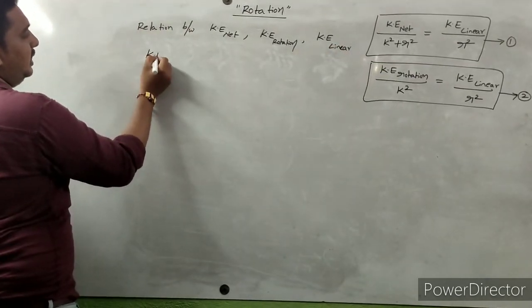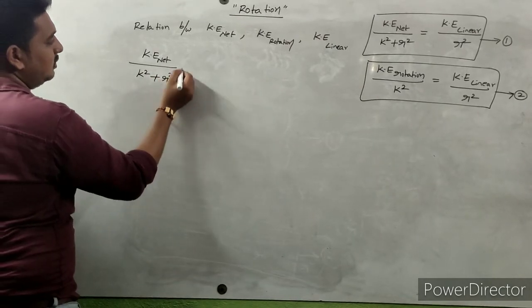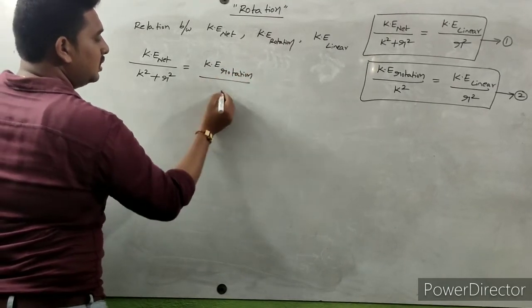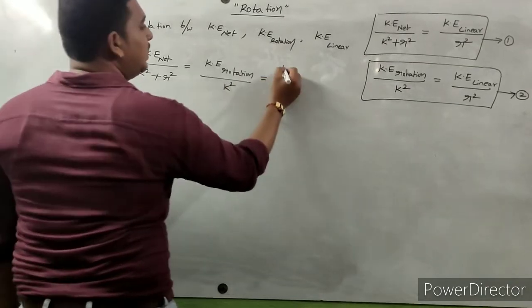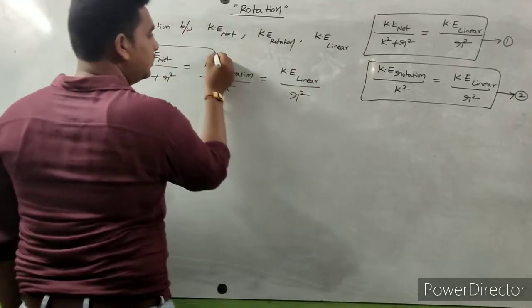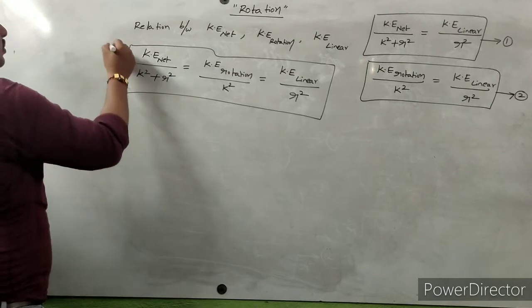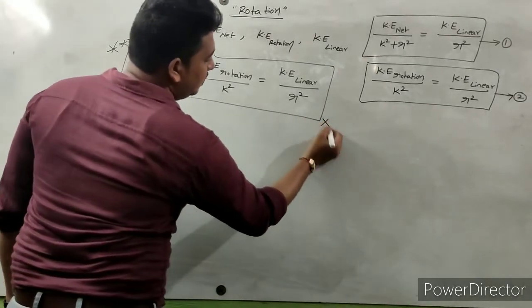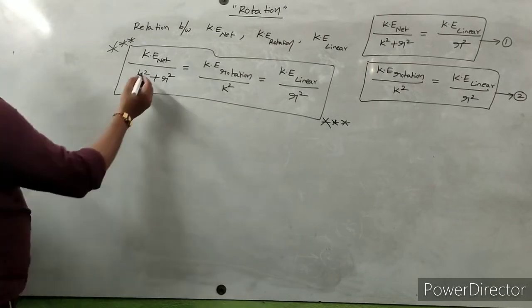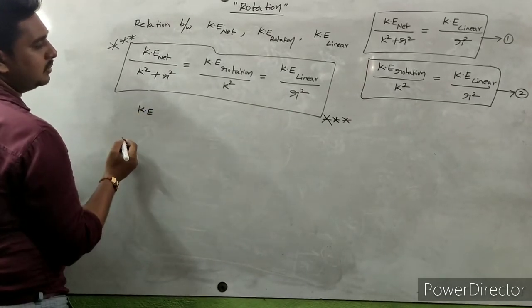KE net by k square plus r square is equal to KE rotation by k square, is equal to KE linear by r square. This is a very, very important formula.